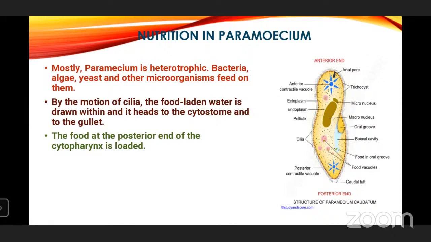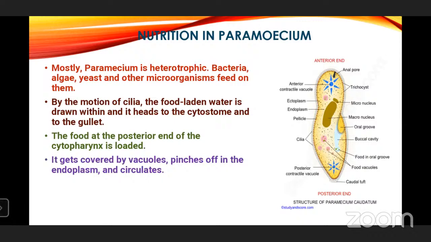The cell has a definite shape. Food is taken in at a specific spot. Food is moved to the spot by the movement of cilia, which cover the entire surface of the cell, and where the food is ingested, that is known as the cytostome.